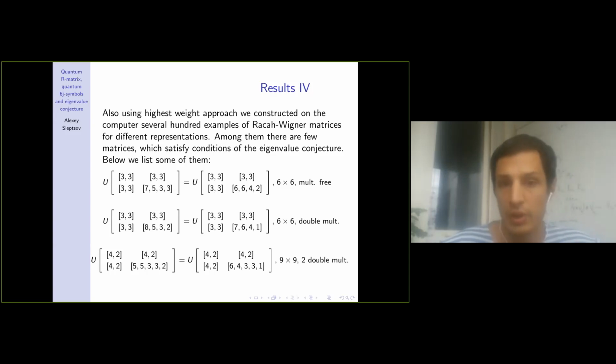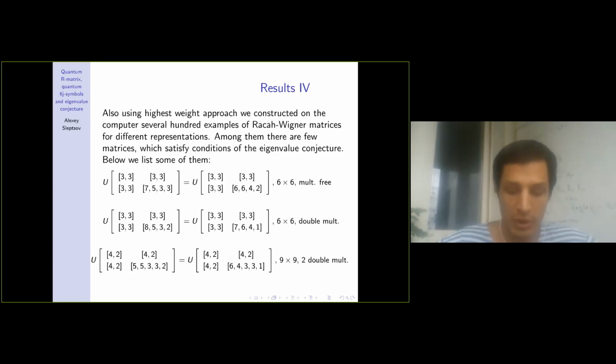And it turns out that these matrices coincide, and the conditions of the conjecture are satisfied. And the last example, the most complicated which we have explicitly, is a 9x9 matrix with two double multiplicities. Well, it is not all our results which confirm the eigenvalue conjecture, but let me stop here, because to explain other results, I need much more time.